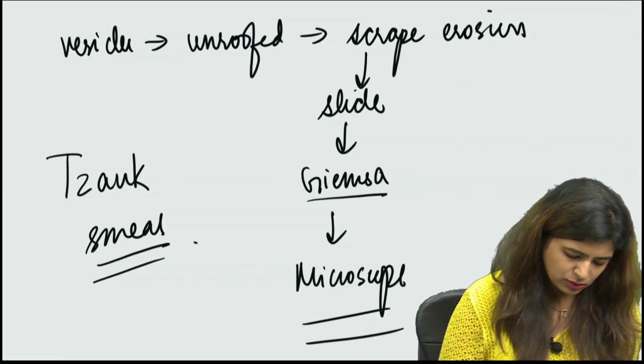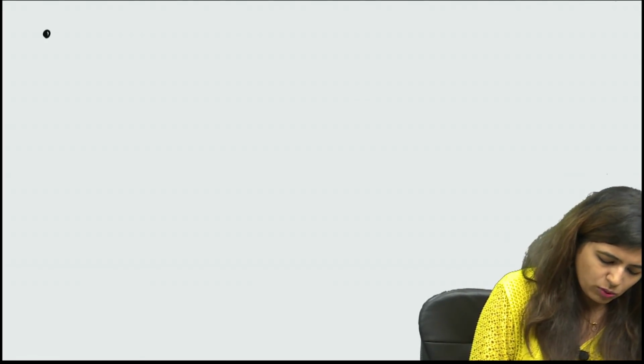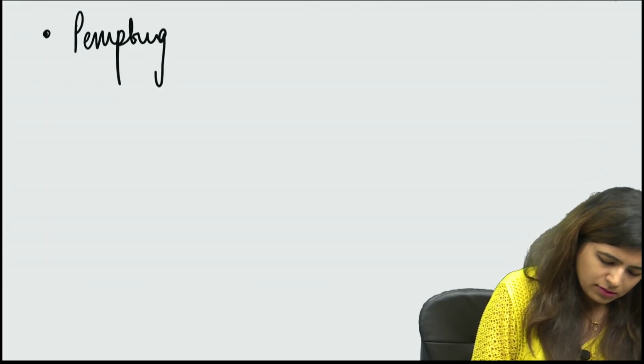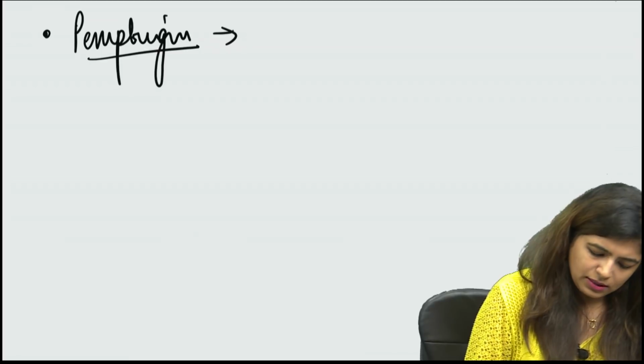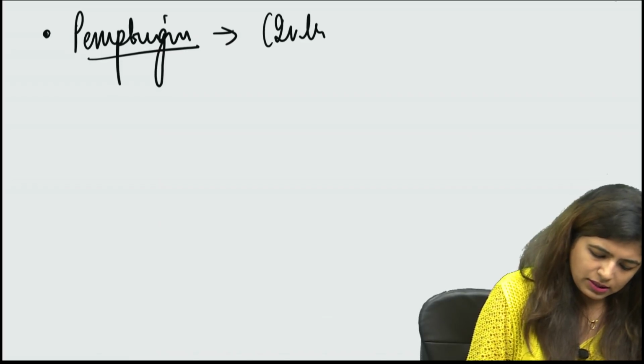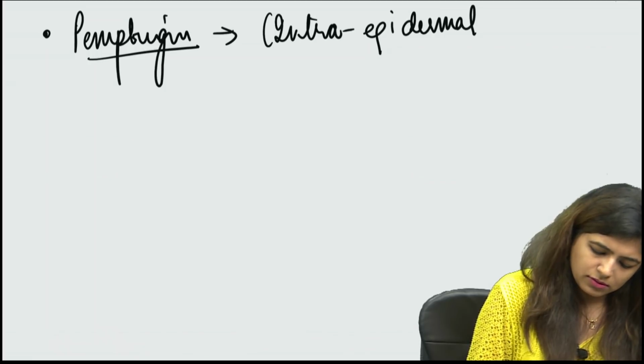Now, what are the uses of Tzanck smear? The uses that you need to know is, number one, pemphigus. In pemphigus, these are your intra-epidermal vesiculobullous diseases. What do I see?